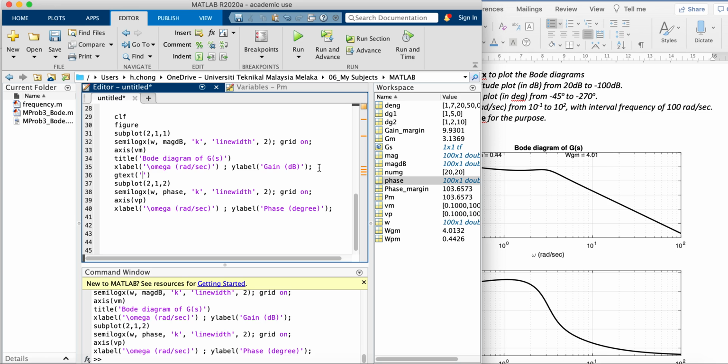Gtext the value omega GM equals 4.01, which you can refer to in the answer here. Then do the same for the phase margin, omega PM, which is 0.44.